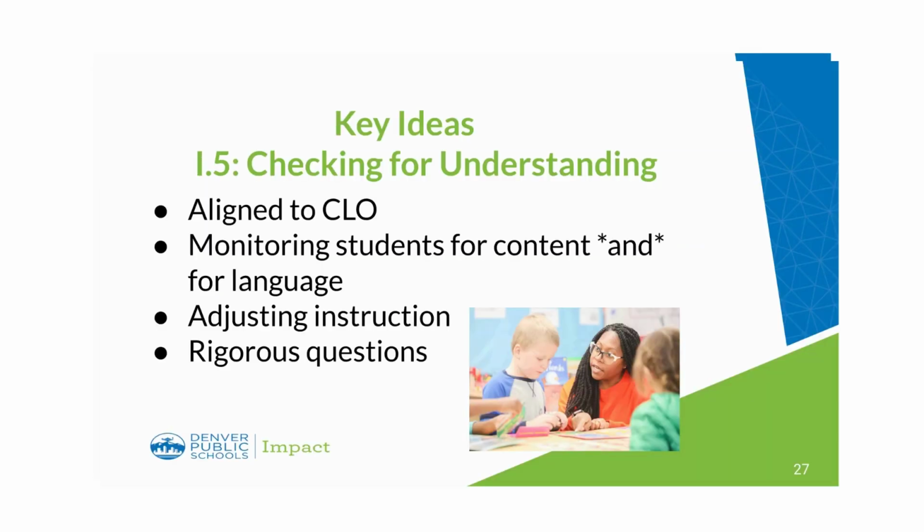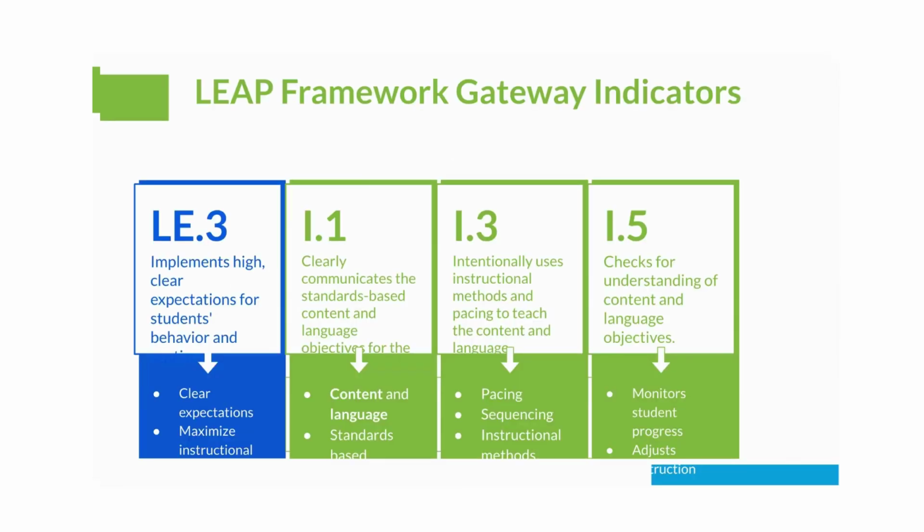Let's take a look at the summary of the key ideas for I5, checking for understanding. Here we note that checks for understanding should be aligned to both the content and language objectives. We're monitoring students for their understanding. We are adjusting instruction and asking rigorous questions.